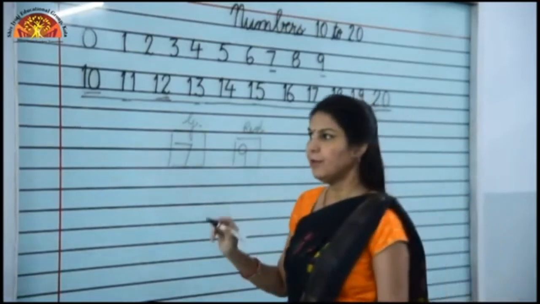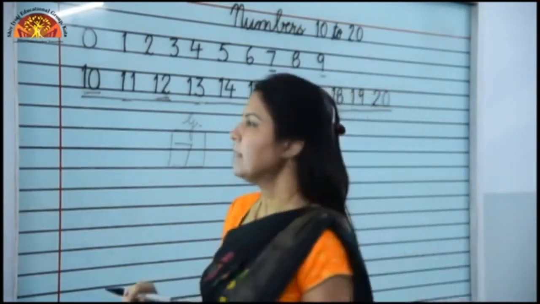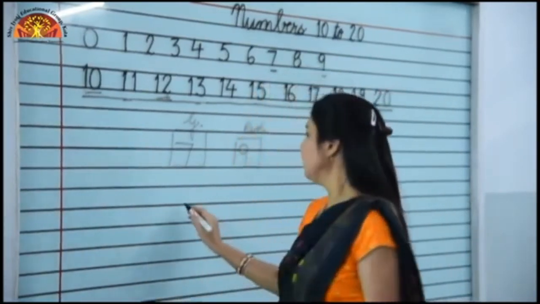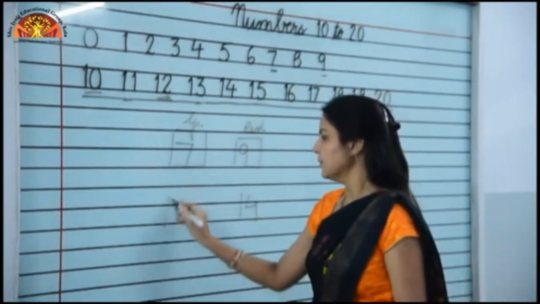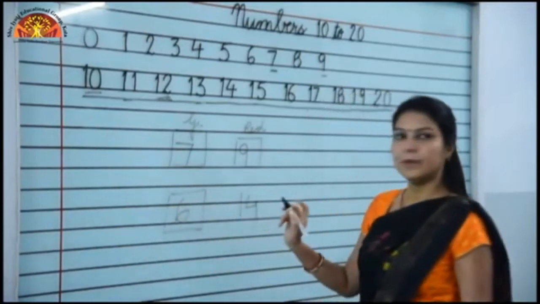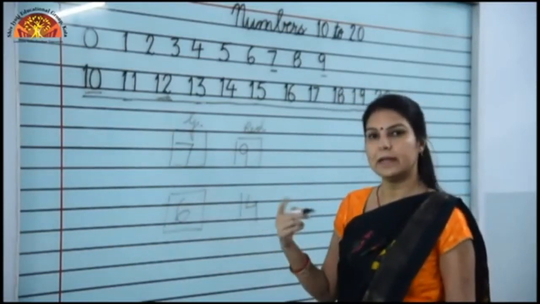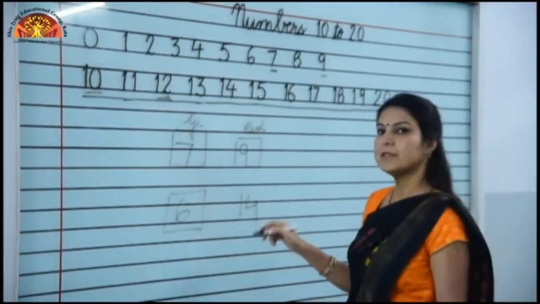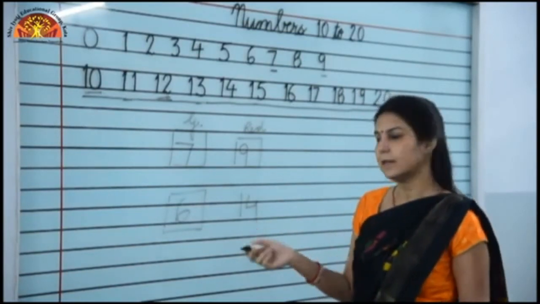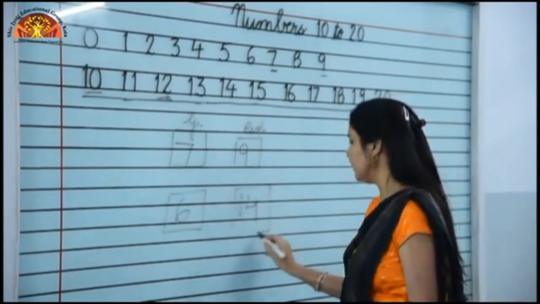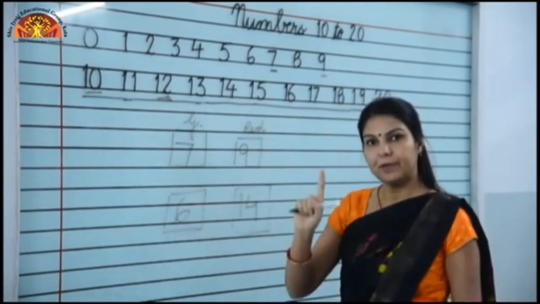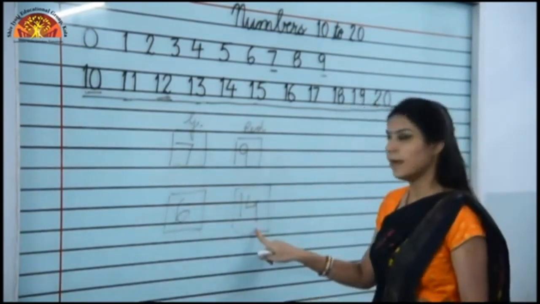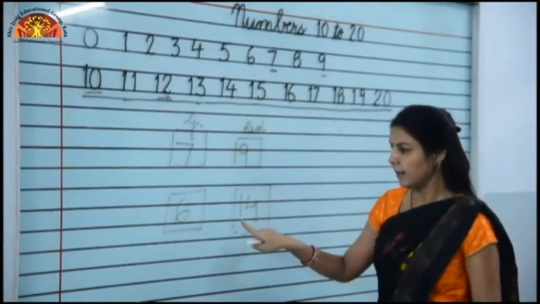Now one more example, see. Numbers are 6 and 14. What you have to do, again the number which is smaller you have to fill green color in that, and the number which is bigger you have to fill red color in that. Now compare the number. Children, you can see this number is having only one digit and this number is having two digit, one digit and two digit.